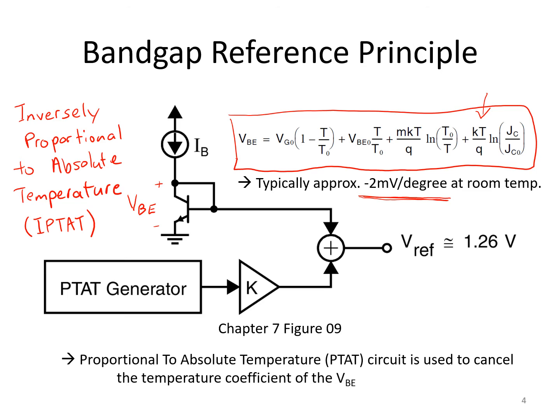You need a reference voltage that has a temperature coefficient less than a millivolt per degree, let's say much less than a millivolt per degree. The bandgap reference principle is to somehow make use of this IPTAT voltage VBE and to somehow superimpose on it, or add to it, a voltage that is proportional to absolute temperature.